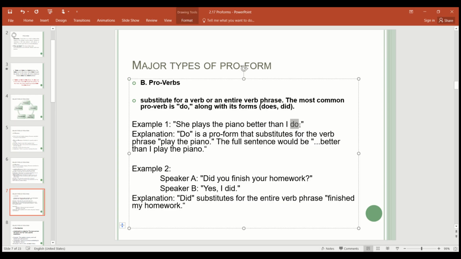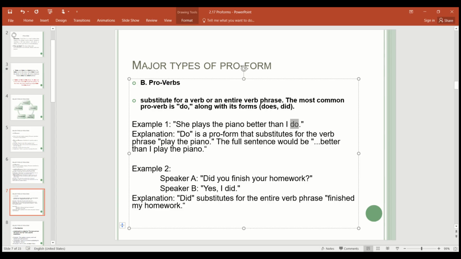The verb do here replaces the verb phrase plays the piano. So instead of saying she plays the piano better than I play the piano, play the piano is replaced with the proform do. So in this case, the verb along with what comes after, the predication, is replaced with the verb do.